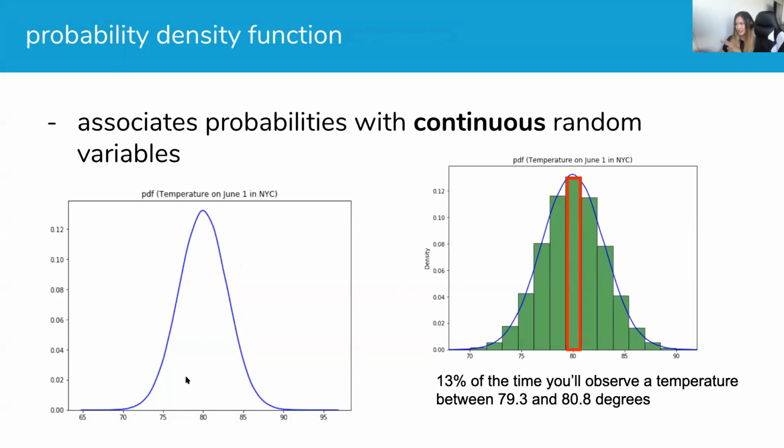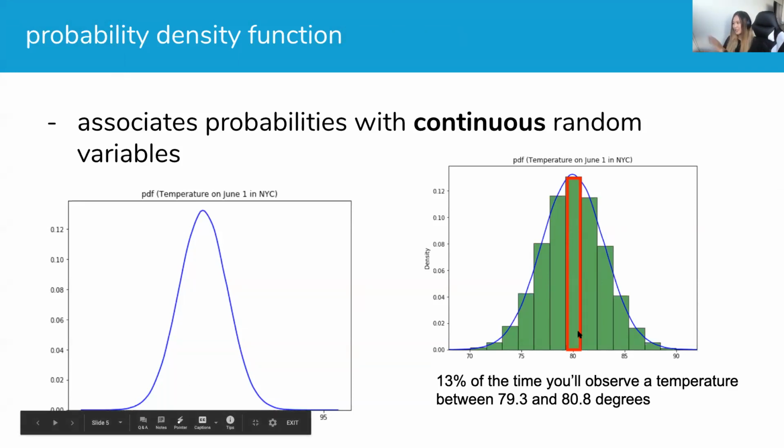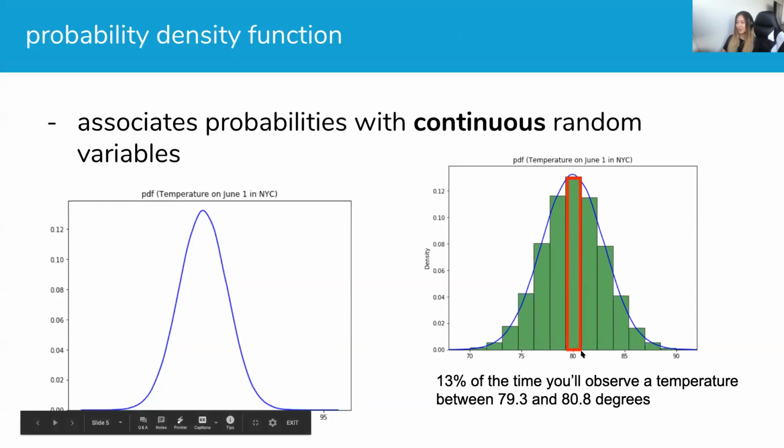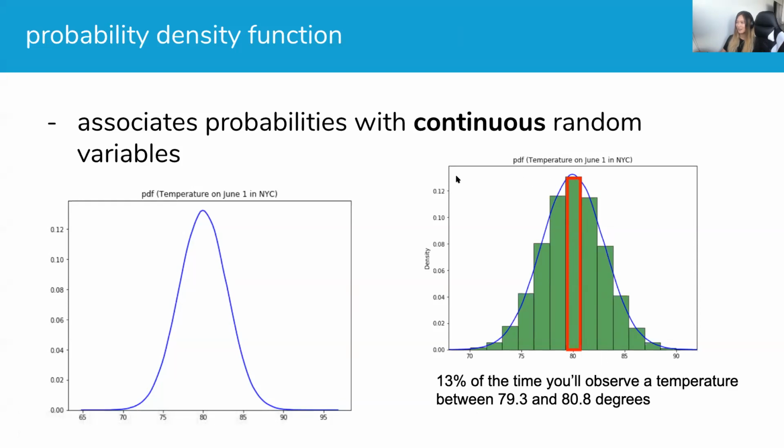Let's start on the right side. 13% of the time you'll observe a temperature between 79.3 and 80.8. That's because this middle bar has that range of 79.3 to 80.8, and this bar is at about 13%.